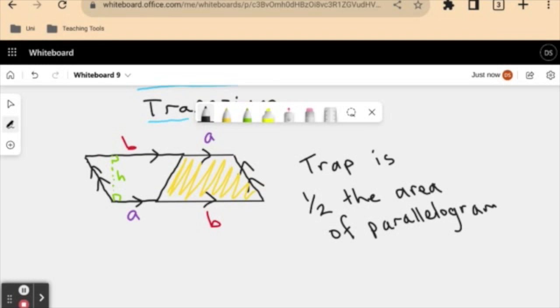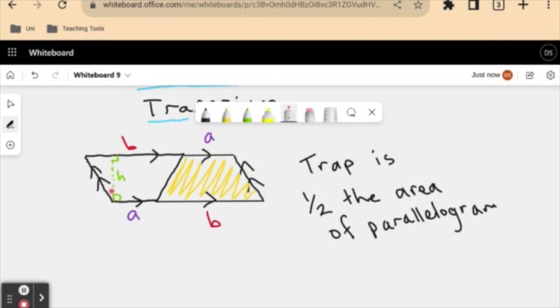So we have a parallelogram and we can find its area, can't we? Because we just did in the last video. So the area of our parallelogram is just the base, well, these two base lengths, which are equal, multiplied by the perpendicular height.